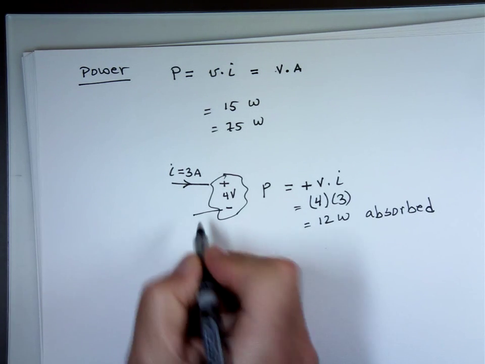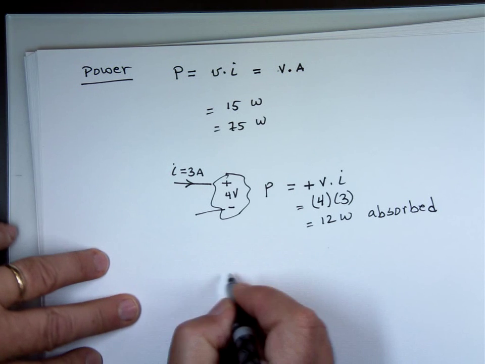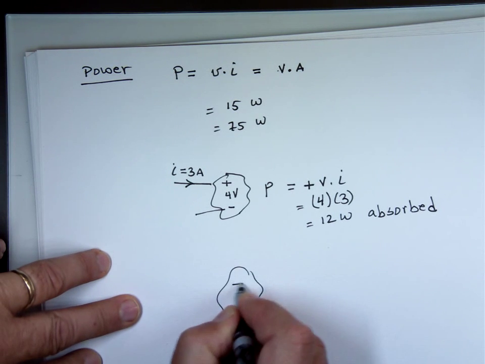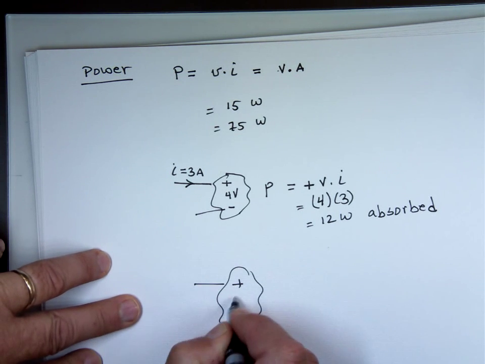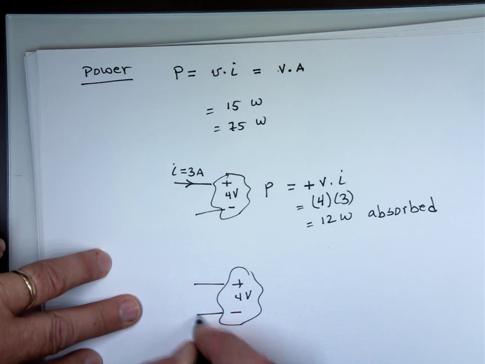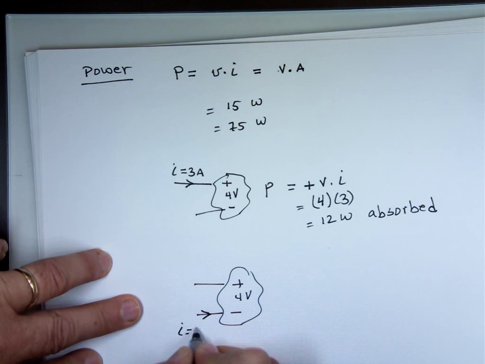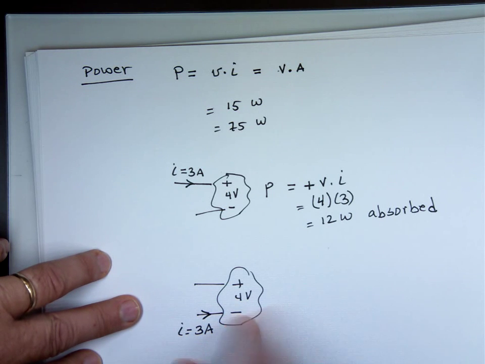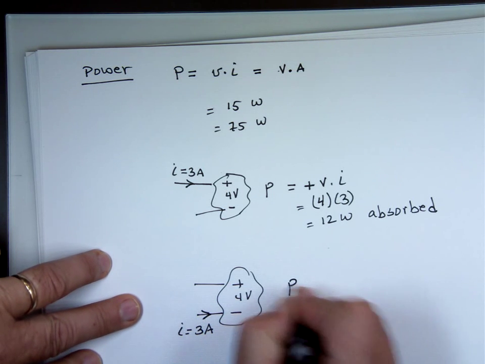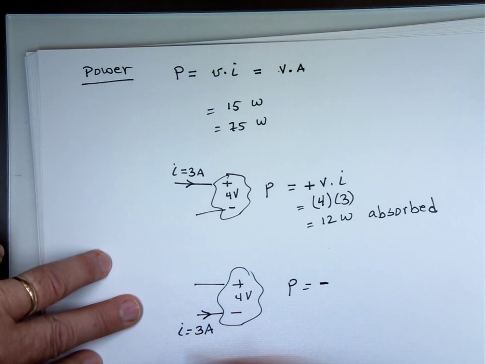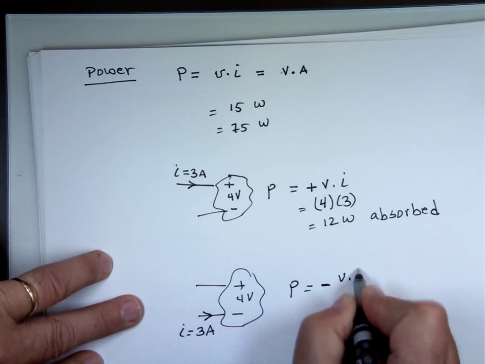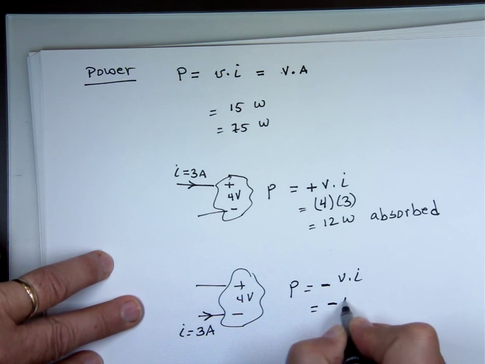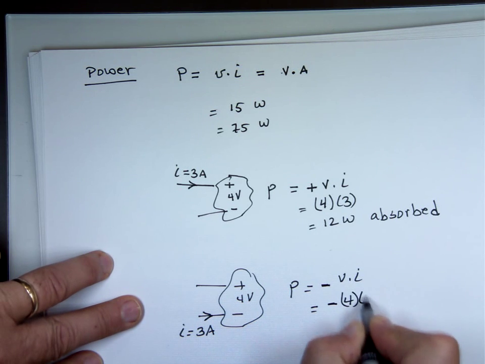On the other hand, if I have this picture, and I have the current entering this. So notice the current does not enter the positive, it enters the negative end. Then the power here will be negative V times I. Negative 4 times 3, which is negative 12 watts.